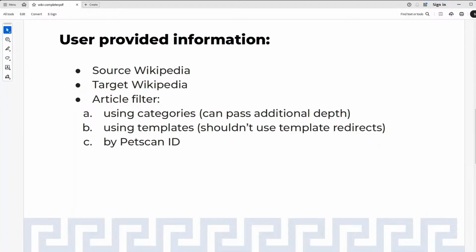For example, searching articles which are included in some category or category and its subcategories, or have this template attached. But for now, you can't use template redirects. You have to use the target template page. And for more complex queries, you can also use PetScan as an article filter.